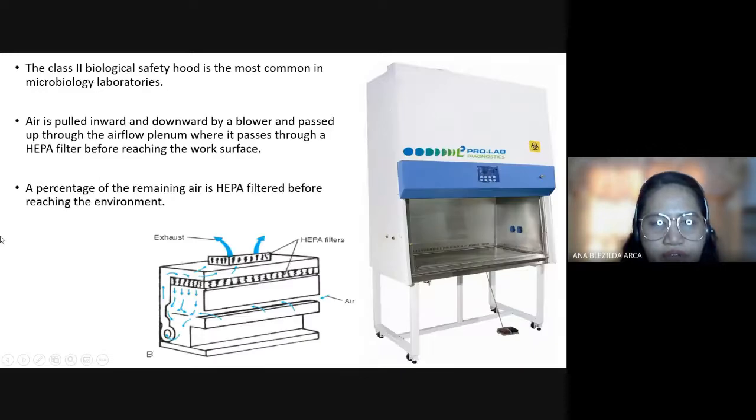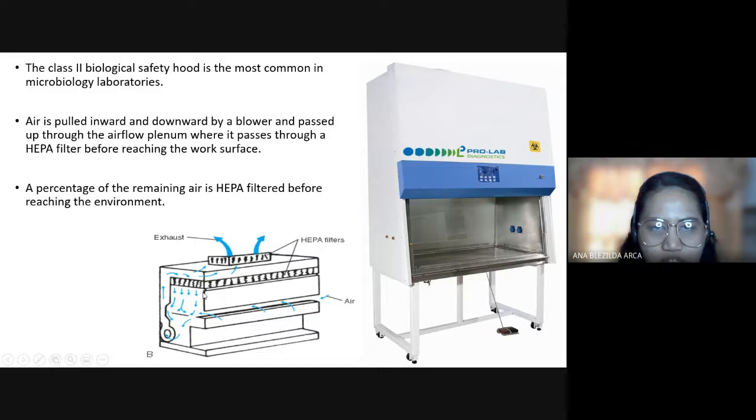For the class 2 naman class, yung air niya papasok, bababa, tataas, and then lalabas uli, tataas, punta sa filter, lalabas na siya. So the air is pulled inward and downward by a blower and pass up through the airflow plenum where it passes through a HEPA filter before reaching the work surface.